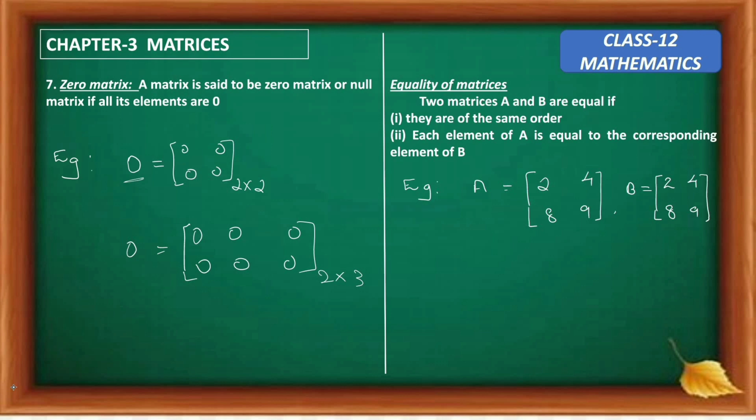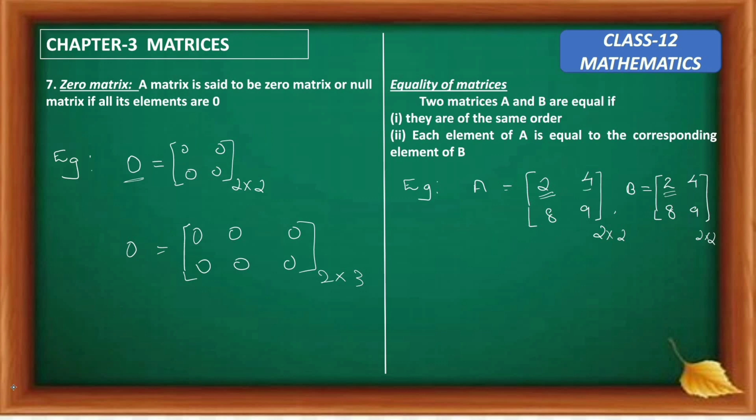What is the order of the first matrix? That is the A matrix. 2 rows and 2 columns, 2 by 2. Then the order of the second matrix, that is the B matrix, is also 2 by 2. Then the orders of both matrices are equal, 2 by 2. And then corresponding elements. In here the first element is 2. In the second matrix the first element is also 2.